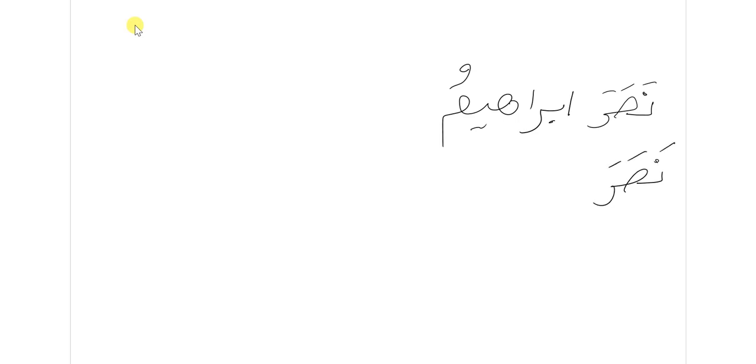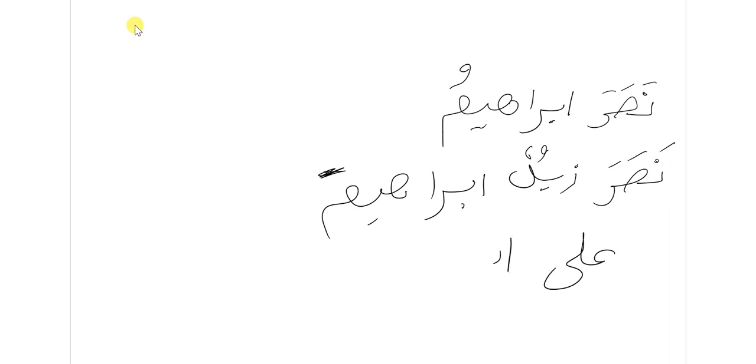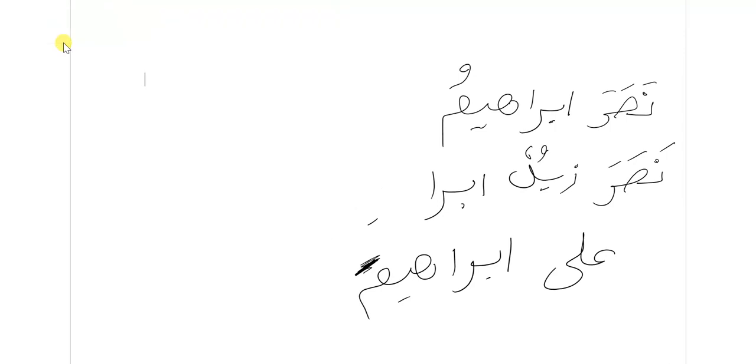In halat nasbi, now I am making Ibrahim a maf'ul: nasara Zaidun Ibrahima. And when I add ala on Ibrahim, it still has the i'rab with fatha, because in halat jarri the i'rab of ghair munsarif is with fatha, because zair cannot be possible on ghair munsarif. So ala Ibrahima. This is the i'rab of a ghair munsarif word.